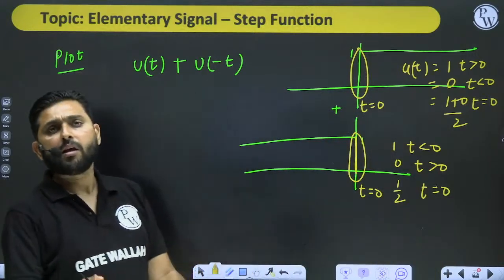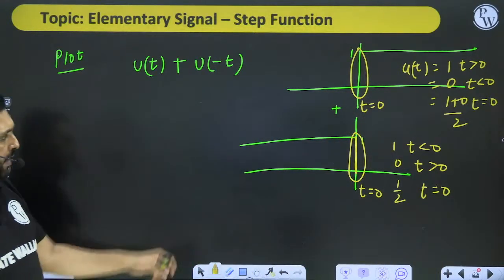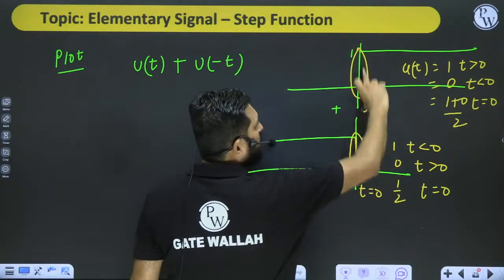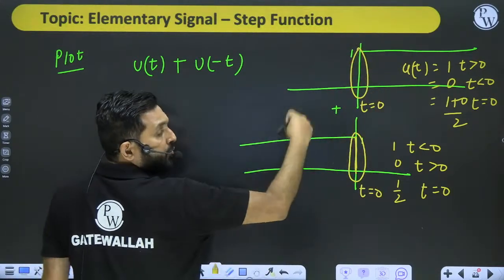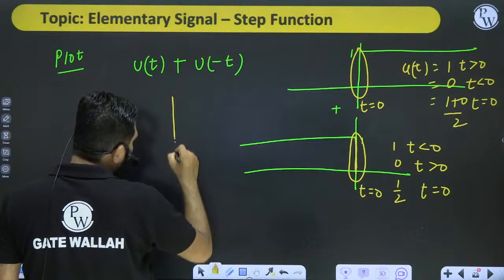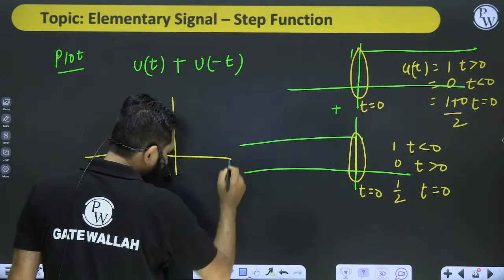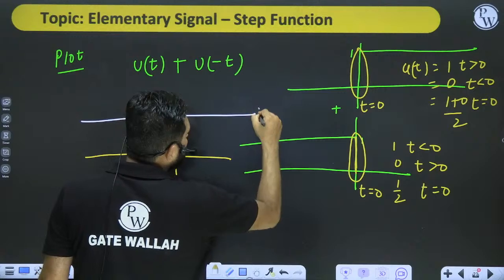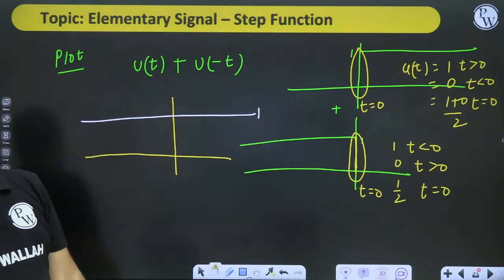That is the important point you have to understand. When you add both functions, 1 by 2 plus 1 by 2 becomes 1, and this function is a complete 1 everywhere.